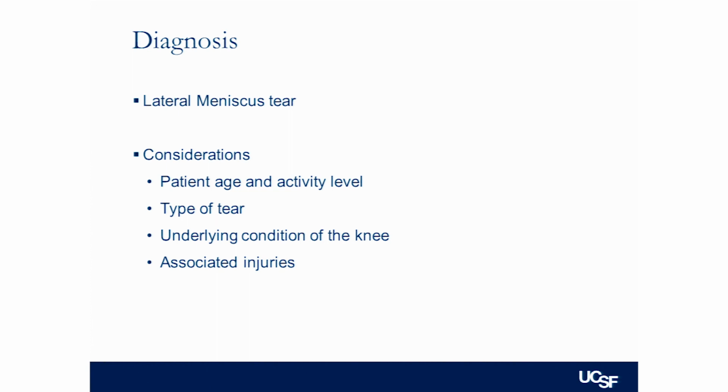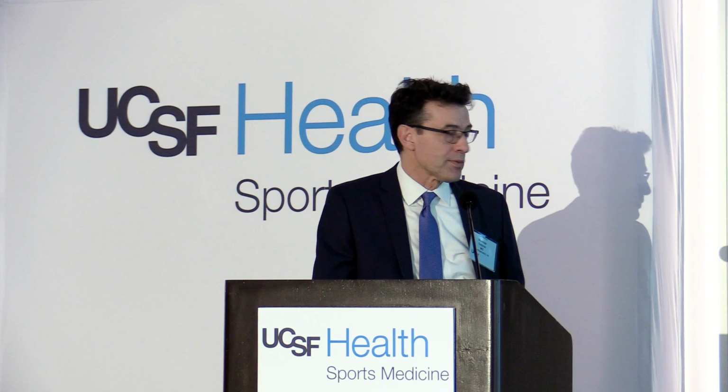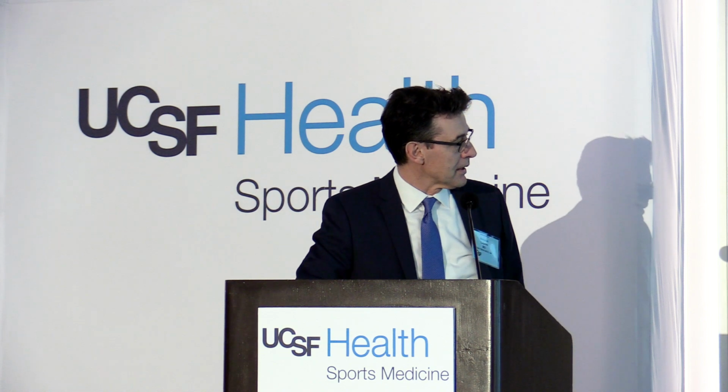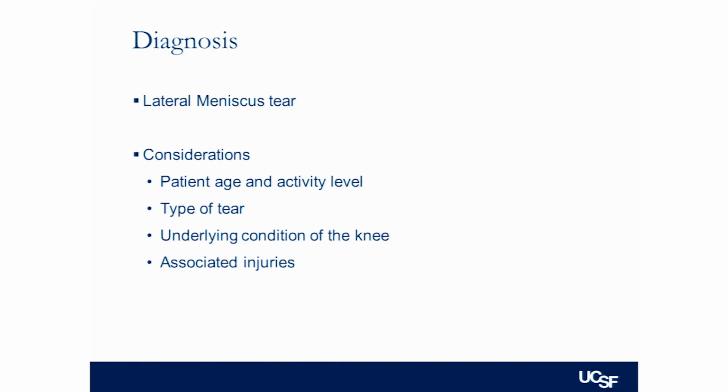When we decide what we're going to do for this patient, and any of our patients, of course, we're going to look at various factors. The ones that I typically look at most actively are the patient's age, their physiological age. We'll talk about physiological age more than chronological age. Their activity level, that's both what they're doing and what they want to do. And when we're looking at a meniscus tear specifically, we want to know what type of tear.